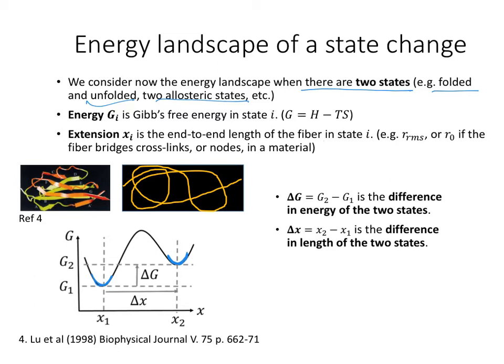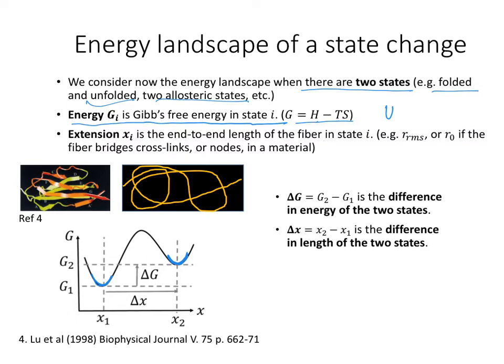To set up these models, we're going to use the Gibbs free energy G. This is the same idea as a U that we used before, just using the G to remind us that the Gibbs free energy is the enthalpy minus the temperature times the entropy.